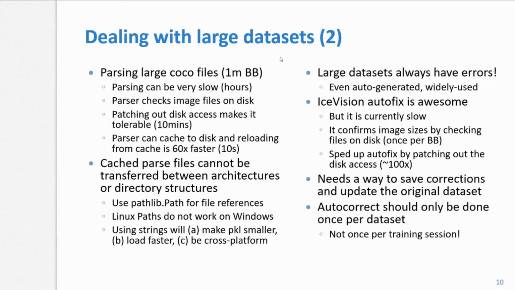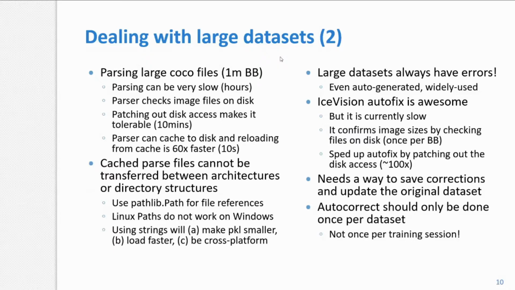Then the second couple of observations I have on this slide. So parsing large COCO files, which is what I've got, so ones with 1 million plus bounding boxes, is very, very slow. Okay, it takes hours. And most of that time is spent checking image files on disk. In fact, the way the parser looks, at each bounding box, it checks the file to make sure that the image file is there and the dimensions of the image are correct.